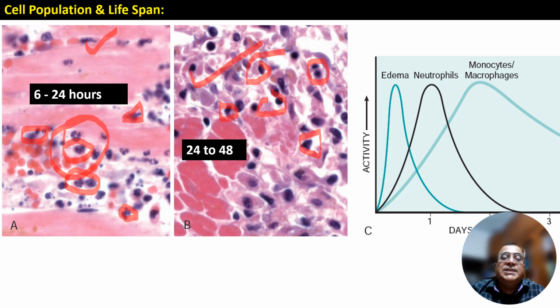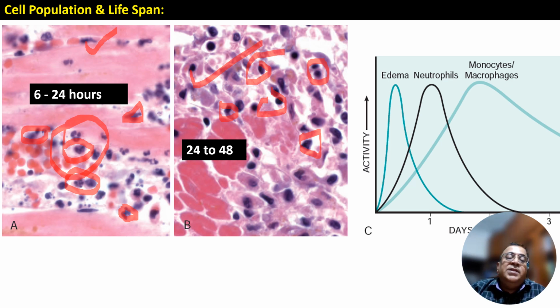There are reasons for early arrival of neutrophils to the site because they are present in abundance in the tissue, and they have a rapid response to the action of the chemokines, and they may attach firmly with the adhesion molecules, the P and E selectins.